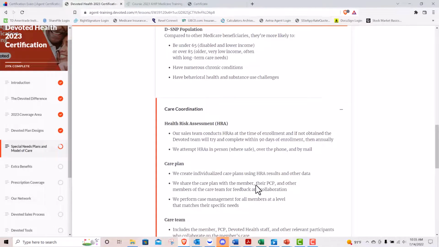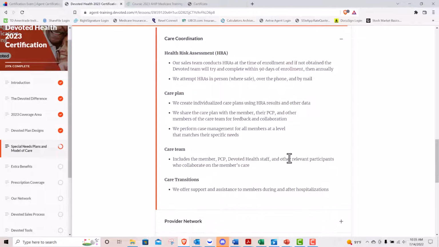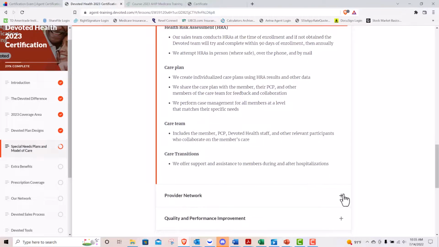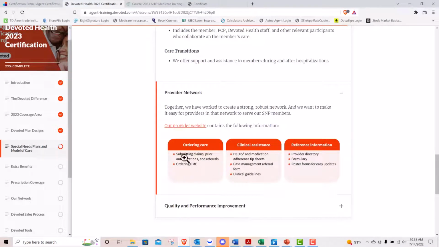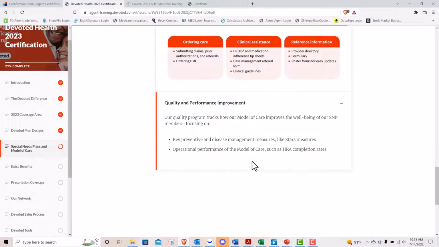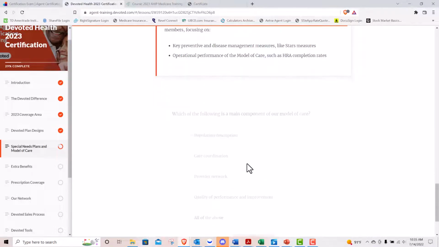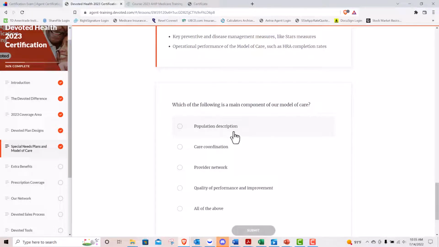Right, you got an HRA, care plan, care team, care transitions, of course after hospitalization, that should be a no-brainer. Right. Prevention. Okay, that's normal. Which of the following is a main component? Looks like it's all of them.